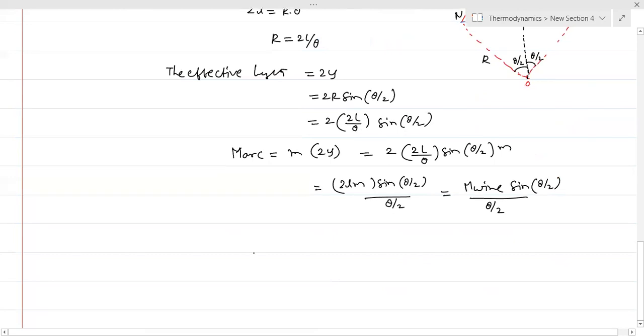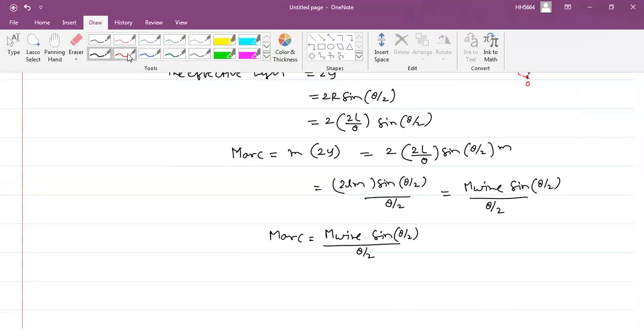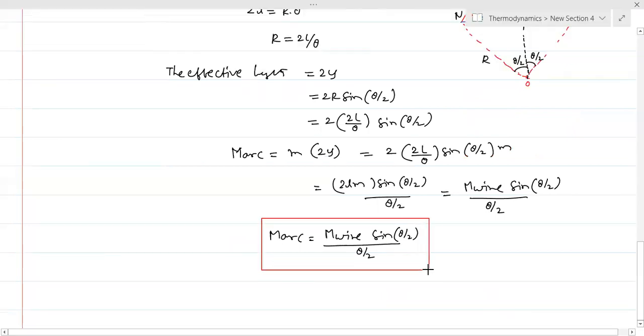So finally, we remain with M arc equivalent to M wide into sin(theta/2) by theta/2. So this is the formula for the magnetic moment.